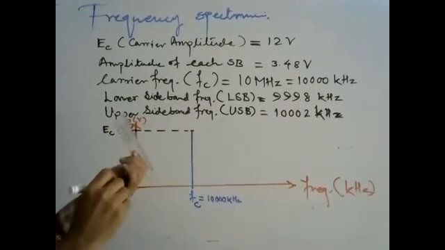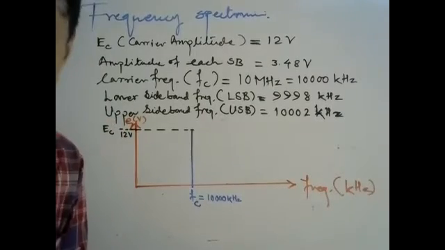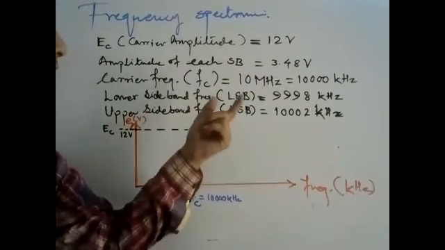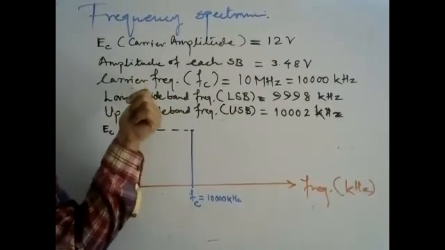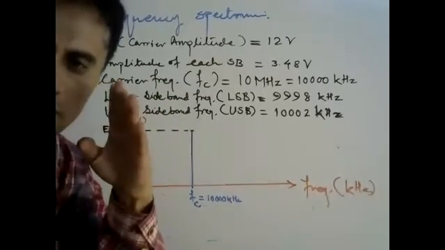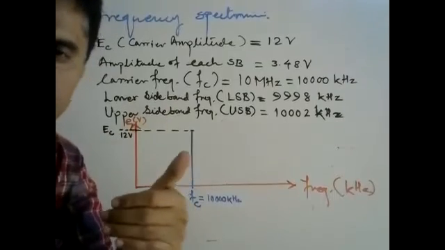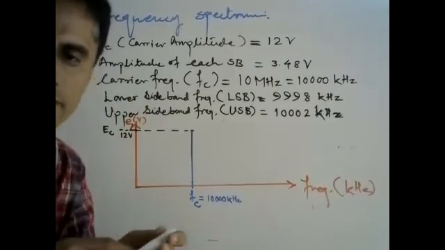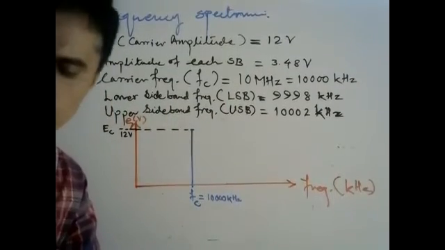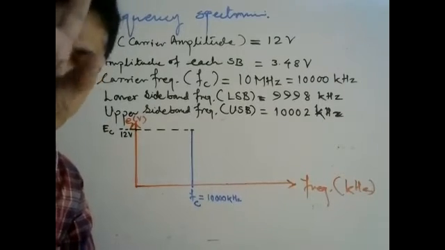Now see, the difference between the carrier frequency and the lower sideband frequency, or the carrier frequency and the upper sideband frequency, is 2 kilohertz.